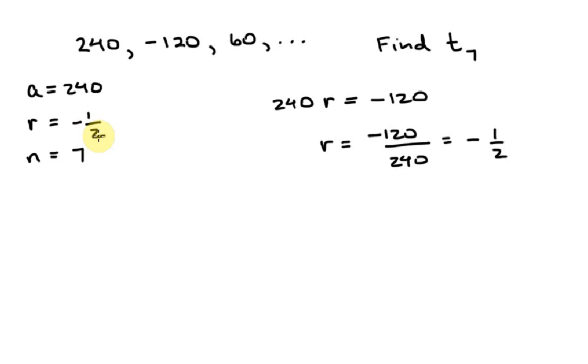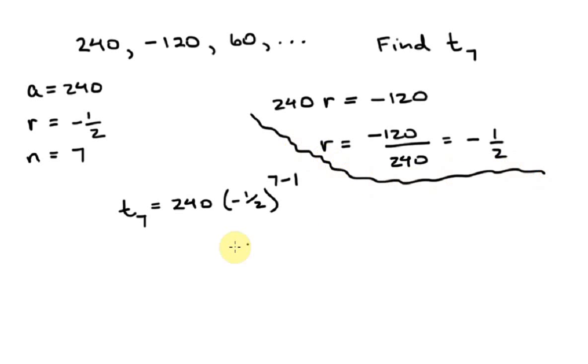All right, so I've got A, R, and n. Now I'm going to put all that into the formula and work it out. Term 7 is A times R raised to the n minus 1. Now we just have to simplify this very carefully.